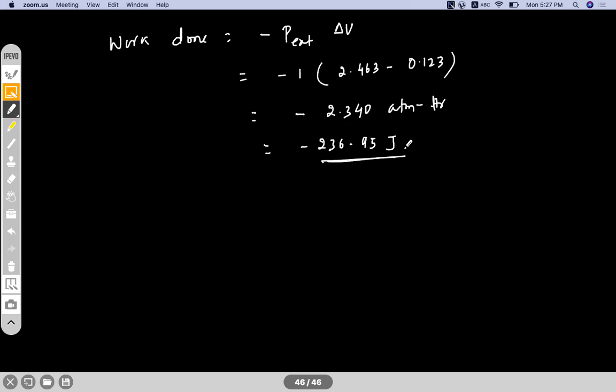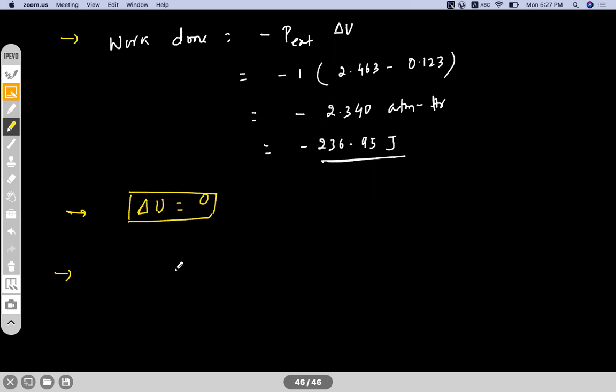Okay, we need to find out delta U. Since in the question it is given that it is an isothermal process, delta U for isothermal process, we know, is 0. Then we can find out delta Q. It is expansion, so work done by the system.